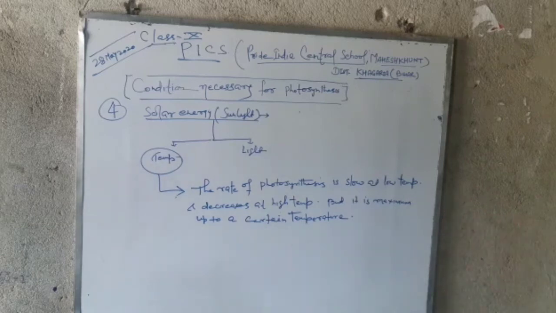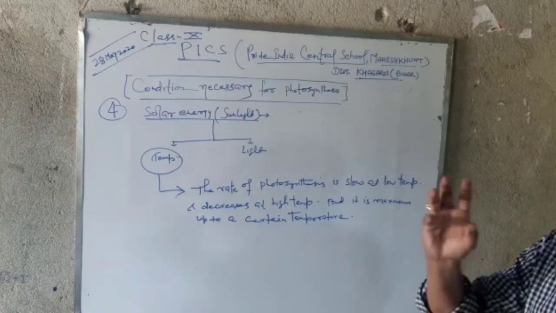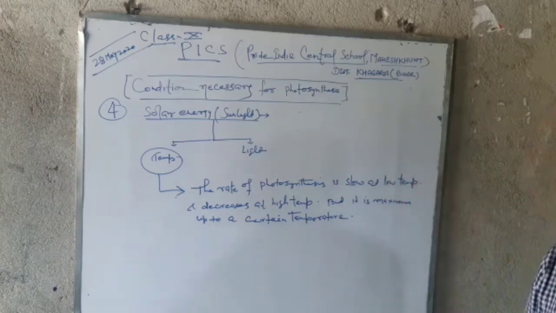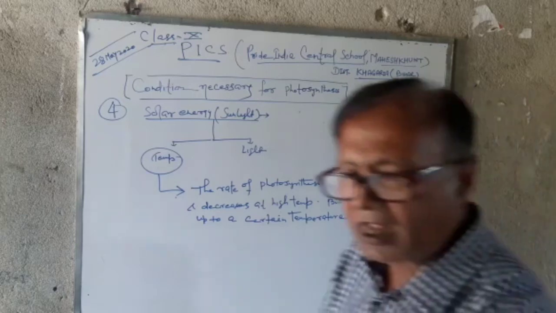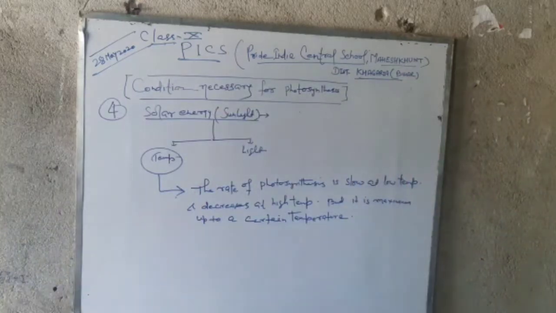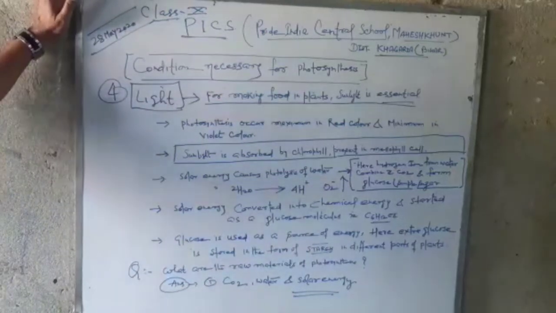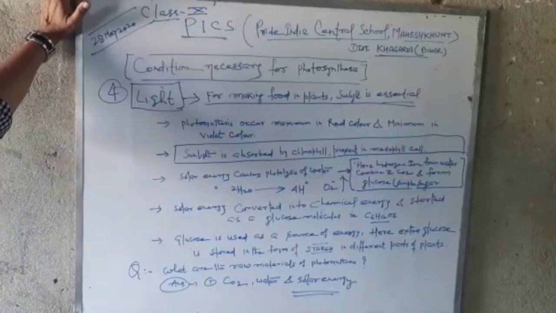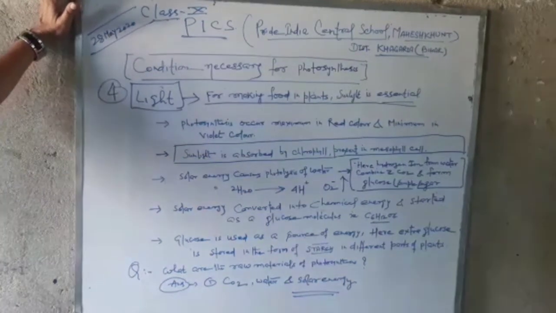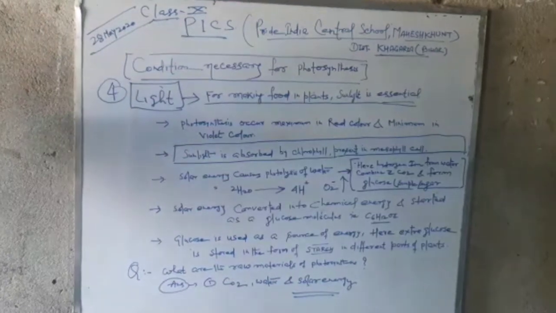But it is maximum up to a certain limit of temperature. So the solar energy is divided into two parts: one part is the temperature, the other part is the light. The temperature you have read; the last one is the light.